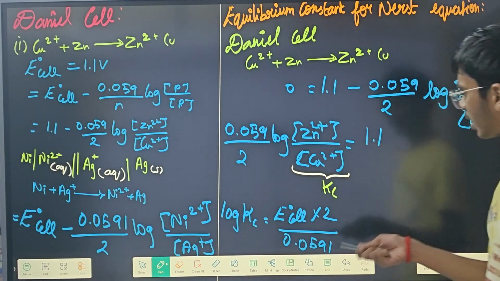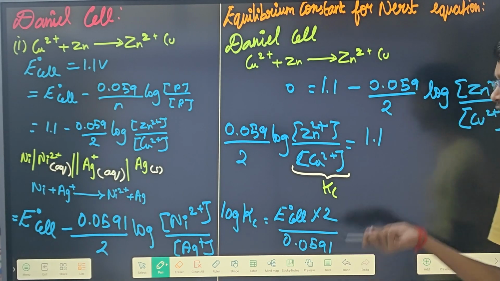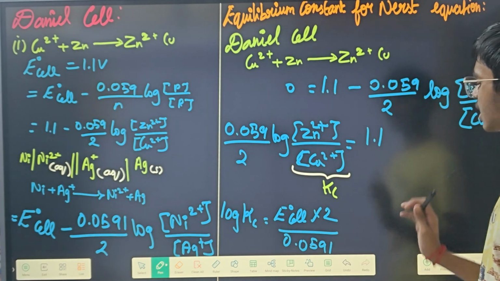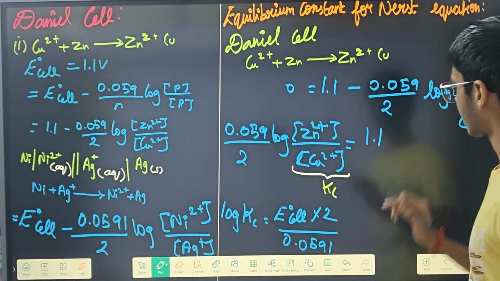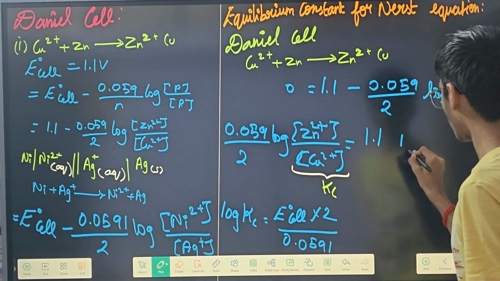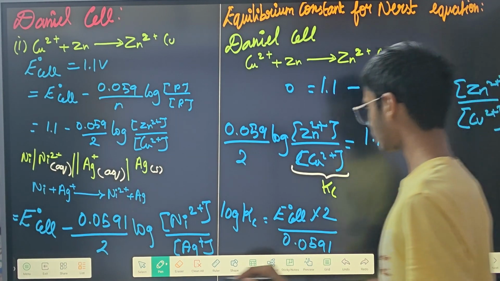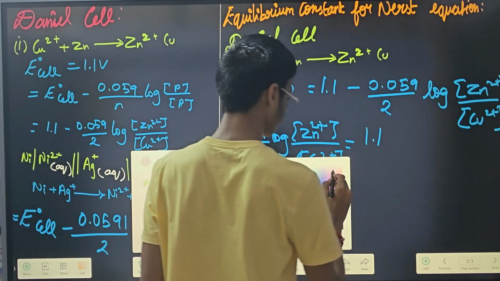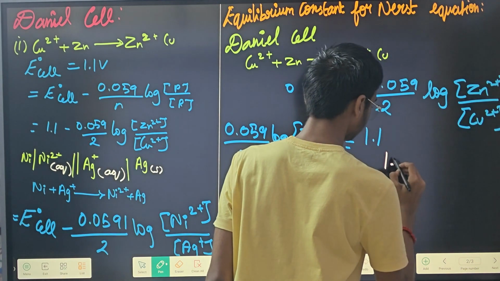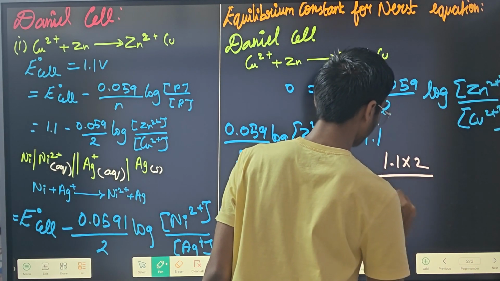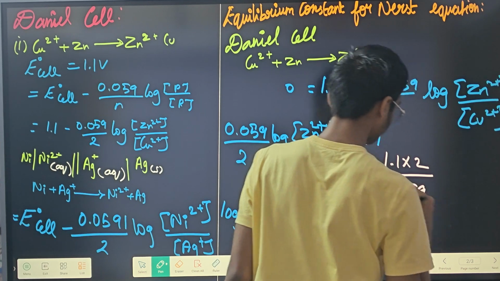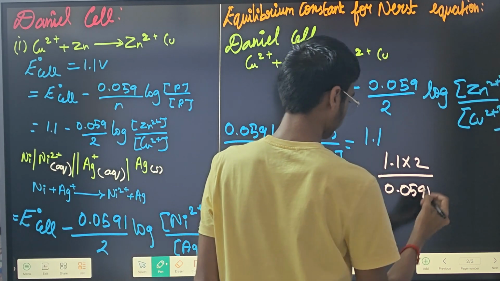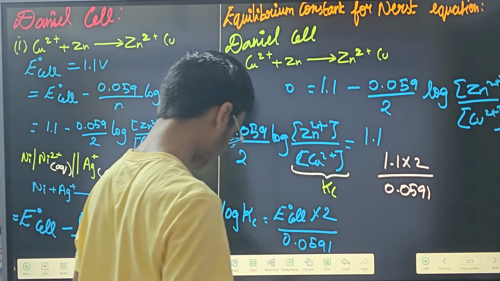Since from here even I can write, I have written it over here. So for example, in this case it should be 1.1 into 2, whole divided by 0.0591. If I just divide it, how will it be?